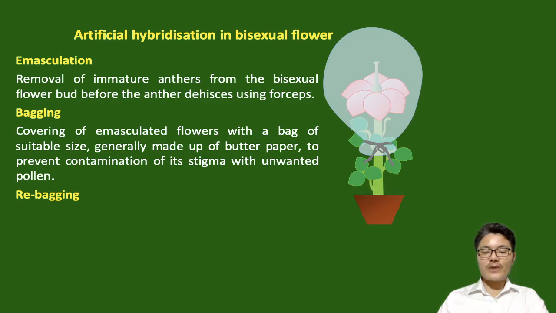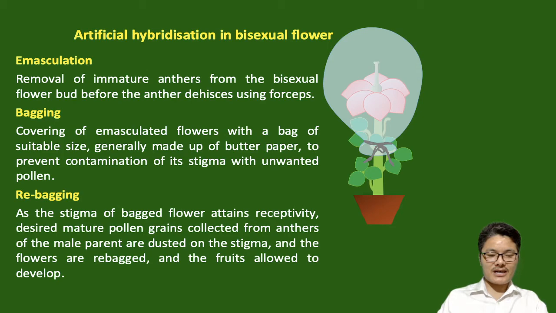This allows cross-pollination, which allows the desired pollen grains to germinate and grow pollen tubes, which later leads to formation of seeds after fertilization. In this way we are able to produce seeds, and on germination the seeds produce hybrid plants with superior quality.